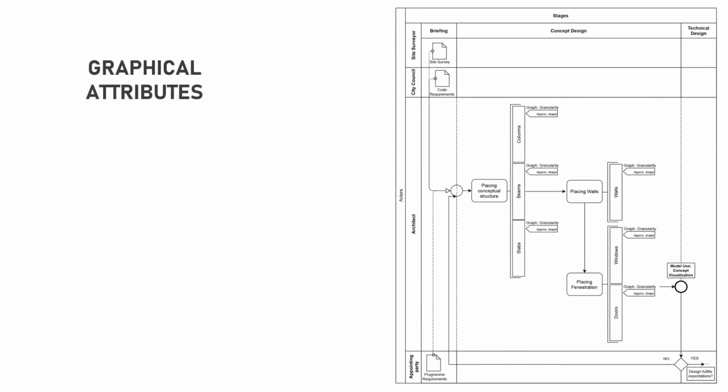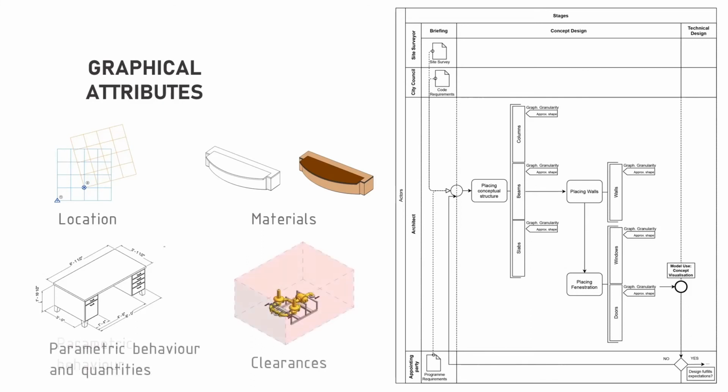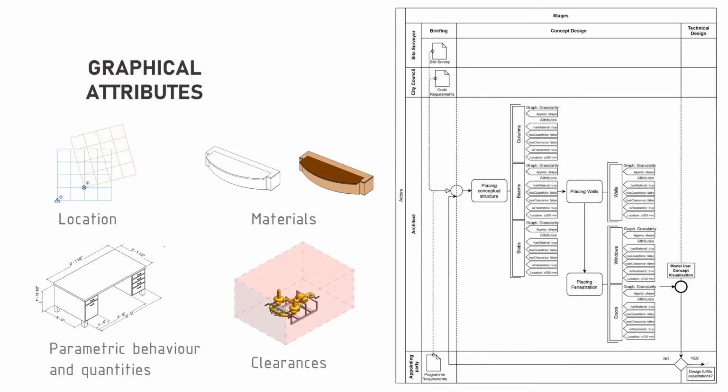These attributes are location, which is related to coordinates and tolerances, materials, which is where the elements have graphical information of their materiality, parametric behavior and quantities, and clearances, that indicates the volumes used in operations.